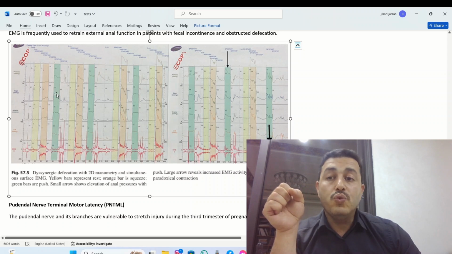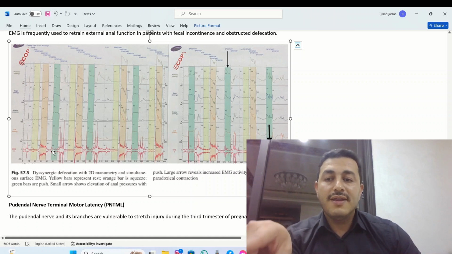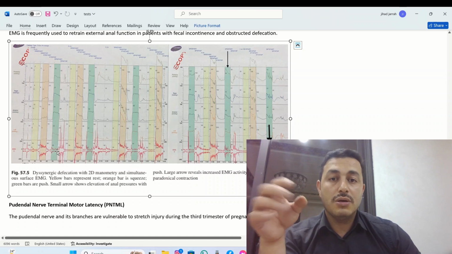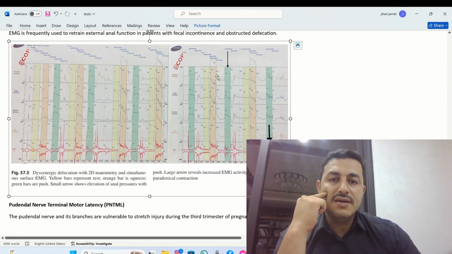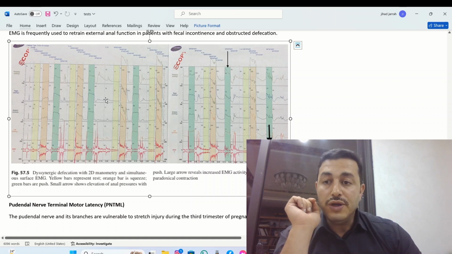And look when we ask the patient to push, to simulate defecation, the activity decreases and there is a relaxation. While if you see here in a patient, when we ask, this is the green one, the push one.